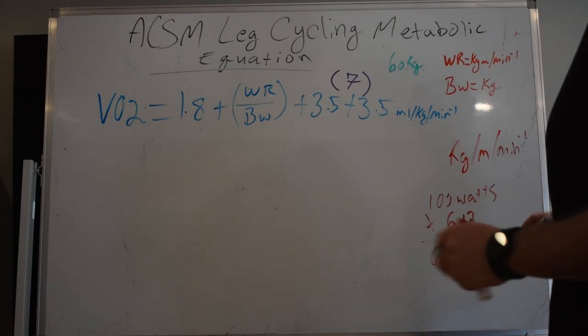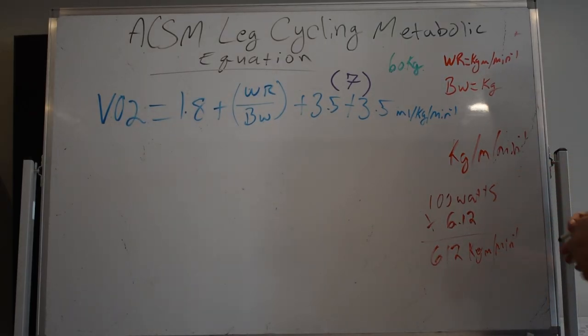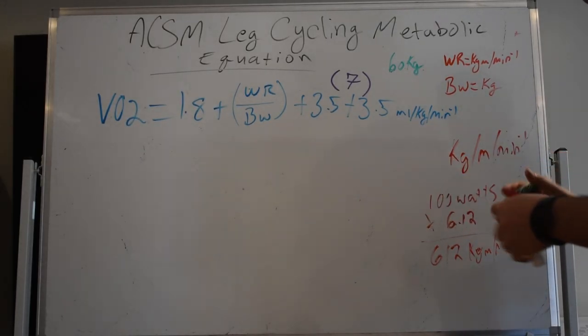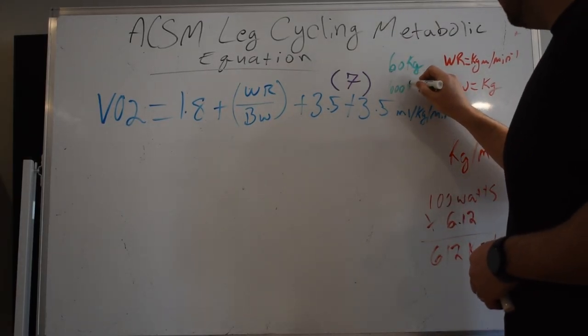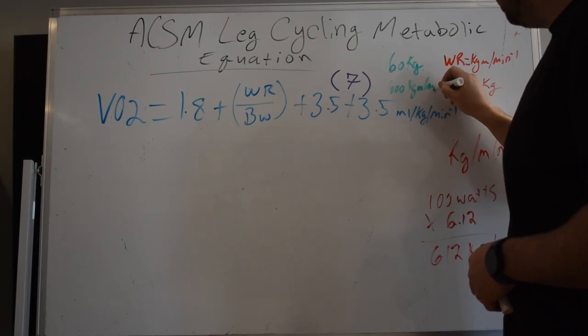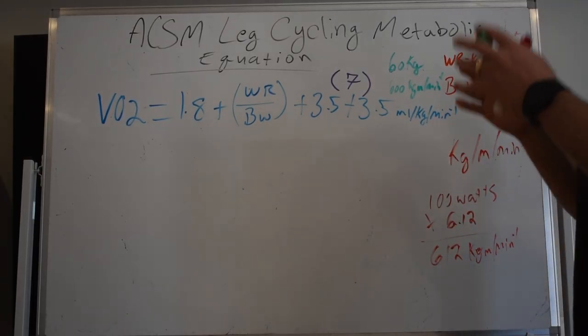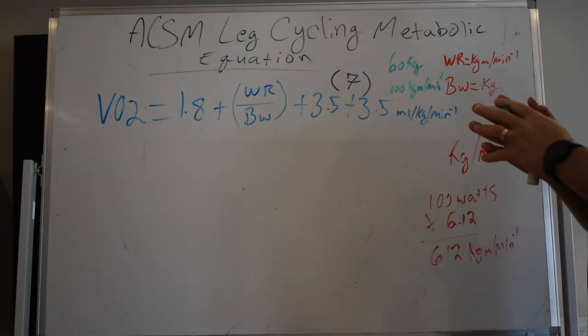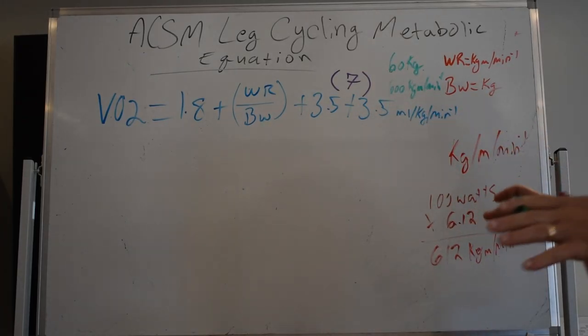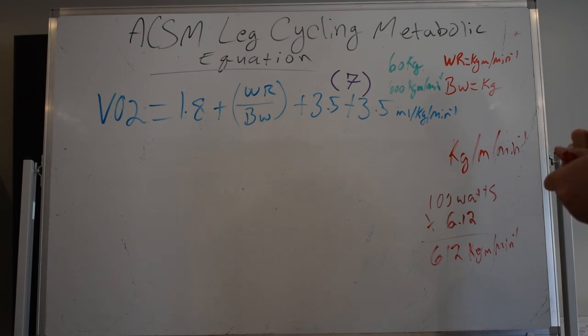So we like that, that's good. And let's say they are cycling at, well, let's pick a nice even number, 600 kilogram meters per minute. So now I know my body weight and I know my work rate, and they're already in the format that we need, so we can simply plug them in.